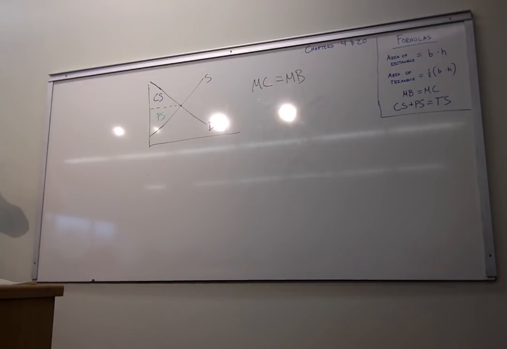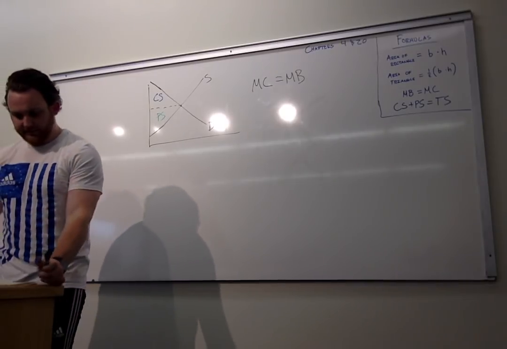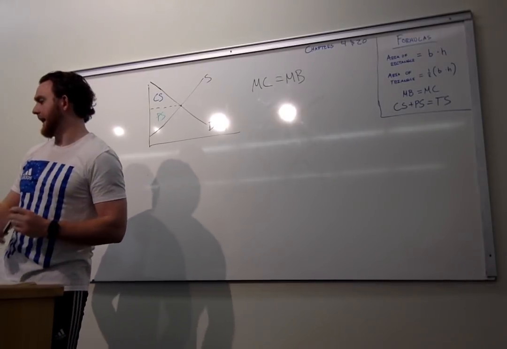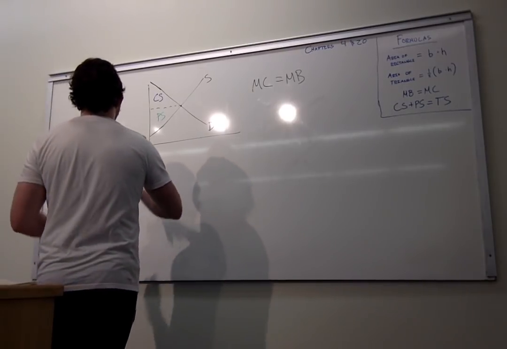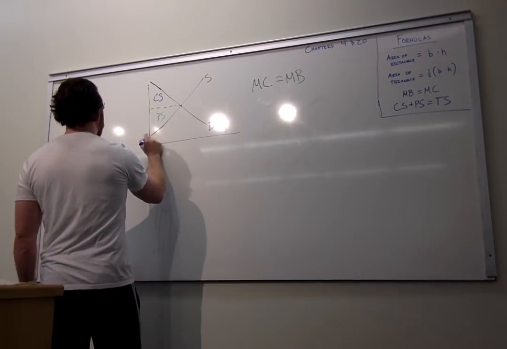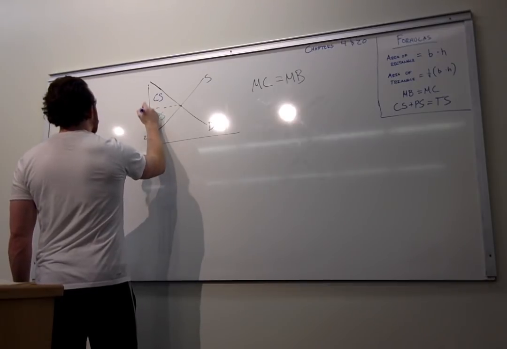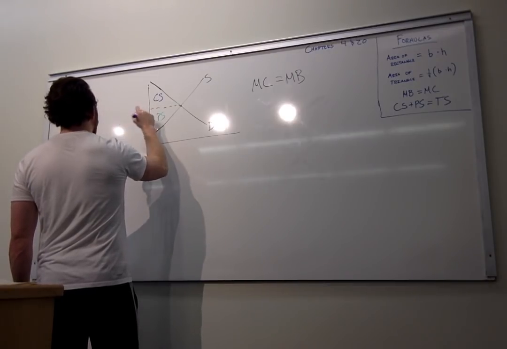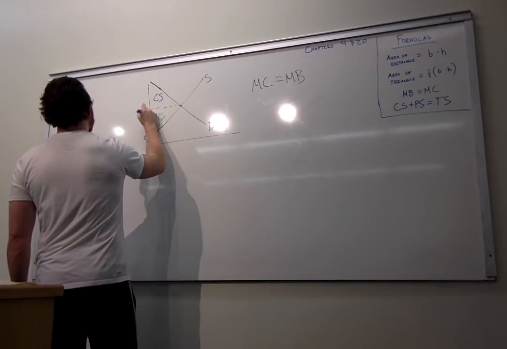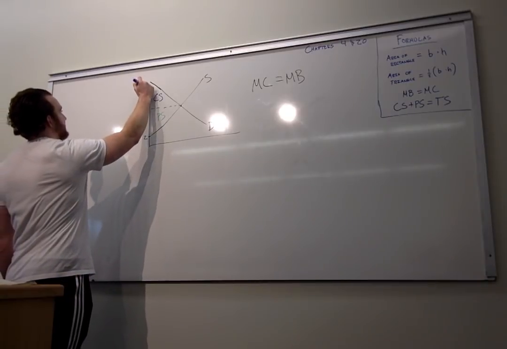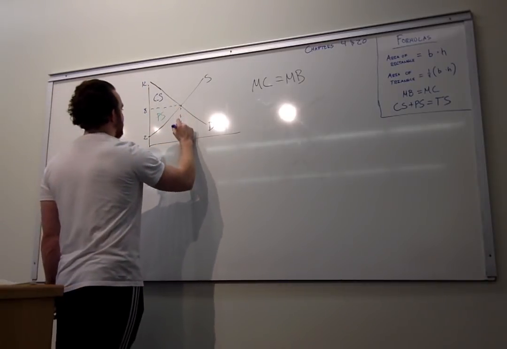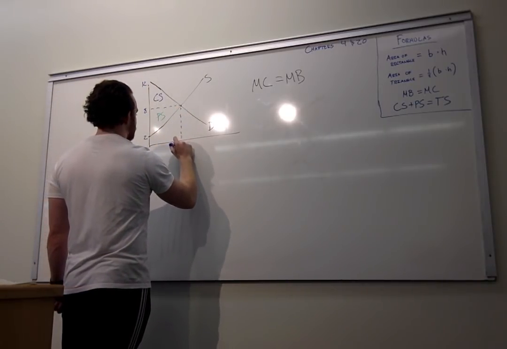So then, how about we do an example? So if I were to say that this point right here is 2, this is, let's go with 8, and that this was 12, and that this quantity over here was 100.